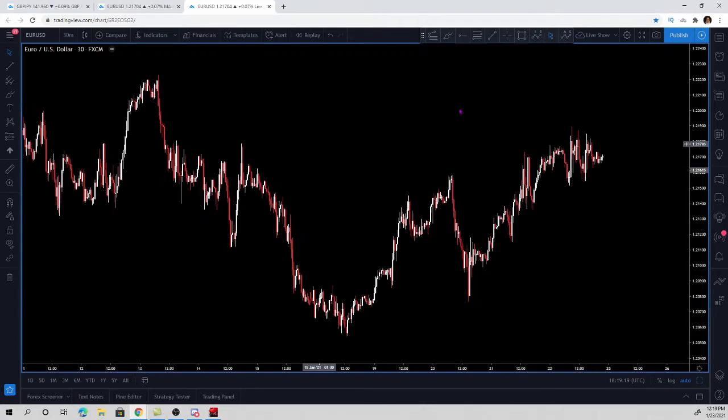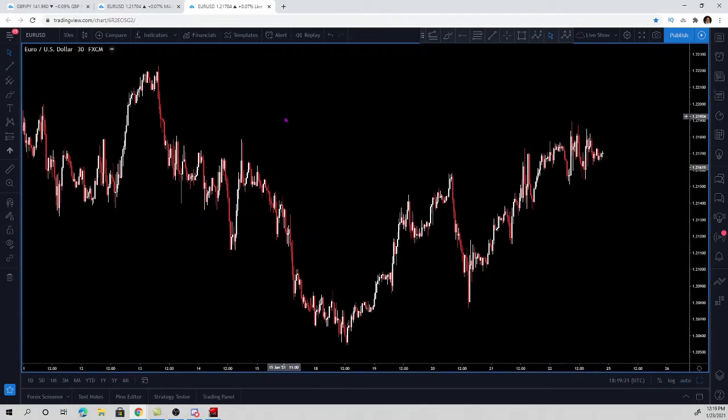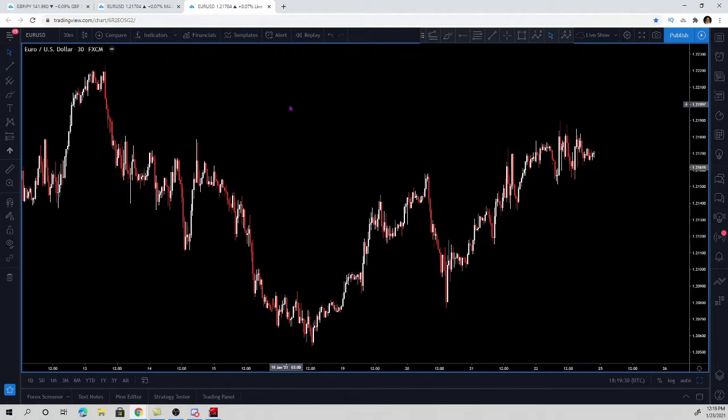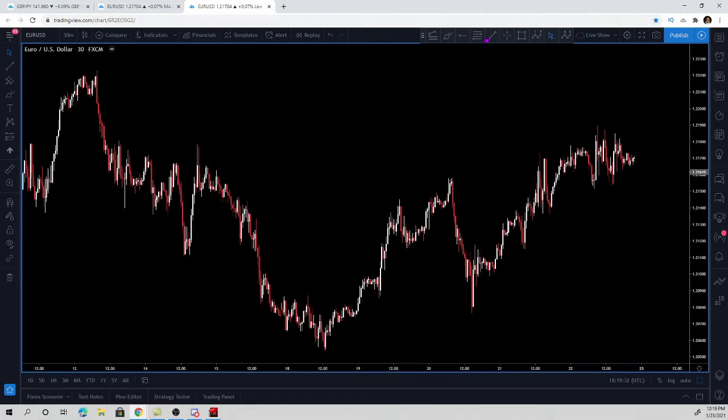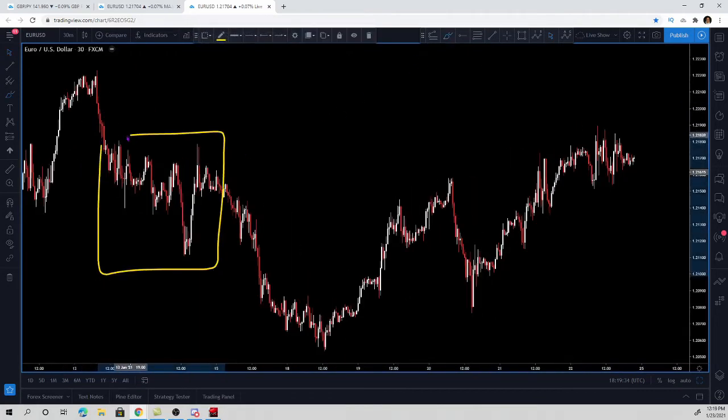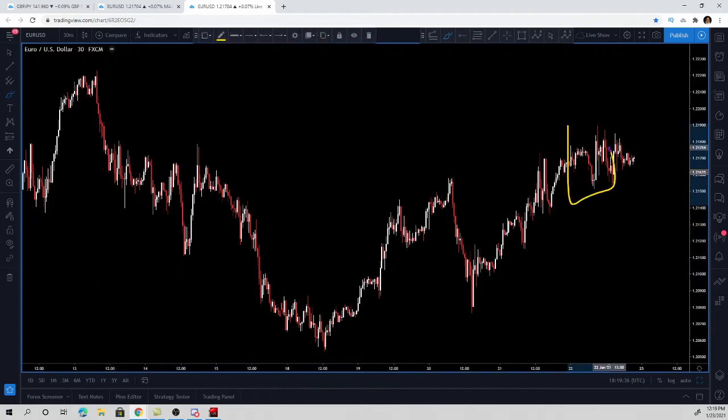The first thing you need to do, tip number one, is focus on the higher time frames for your analysis. The reason is that you want to get rid of the noise. You don't want to do analysis in choppy, noisy markets.